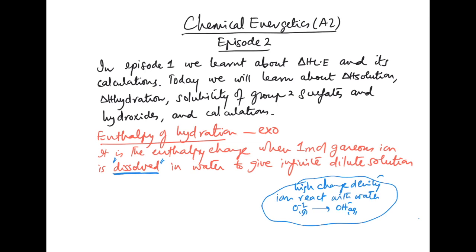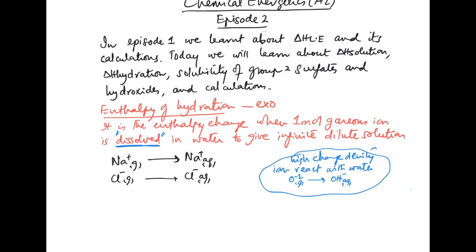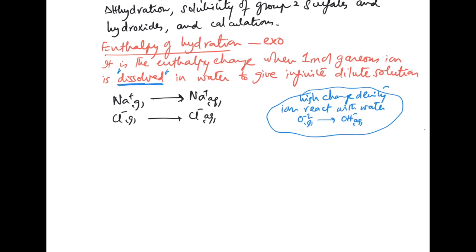Now, if I come back to the original point, for example, if I have sodium ion in the gaseous state, if I add in water, it forms sodium ion aqueous. It's called enthalpy of hydration of sodium ion. For example, if I have chloride ion gas, if I add in water, it forms chloride ion aqueous. It's called enthalpy of hydration of chloride ion.